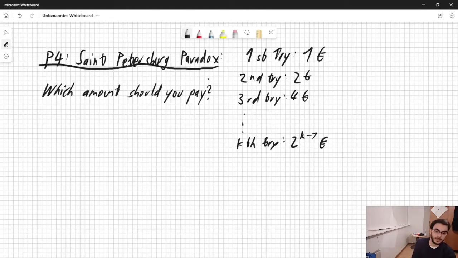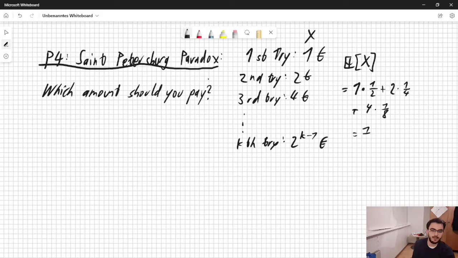Now you can calculate the expectation of this game. Let's say x is our earnings. You can calculate the expected value, and you get, well, 1 is the first try and the probability of winning it is 1/2, plus 2 is our second try, probability of winning it is 1/4, so we have 2 times 1/4, plus 4 times 1/8, and so on.